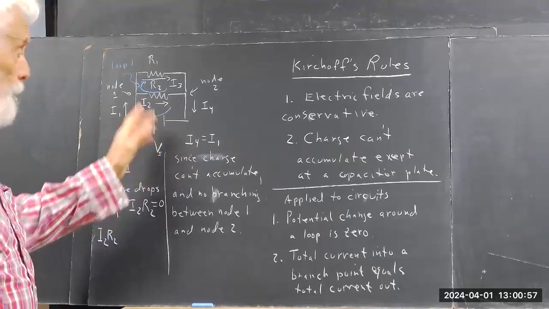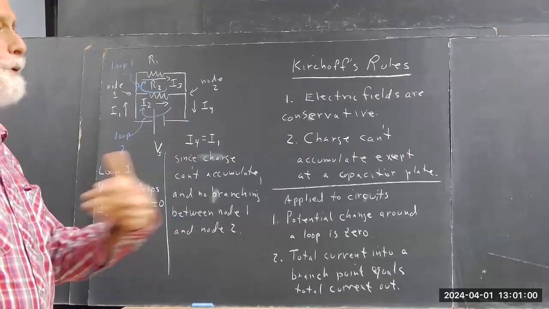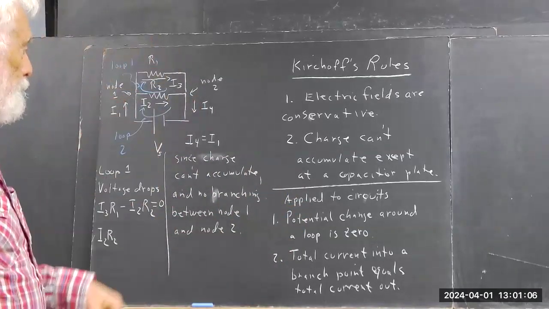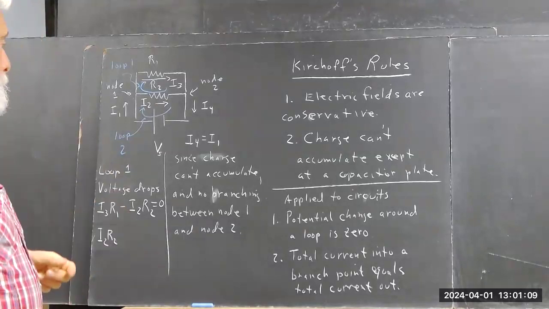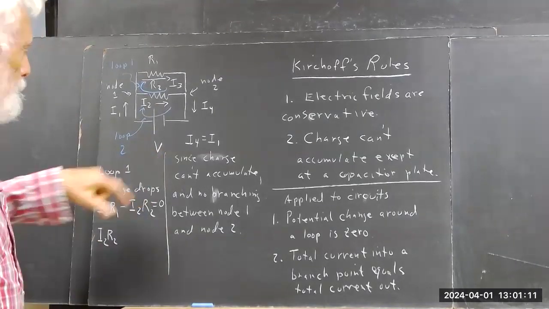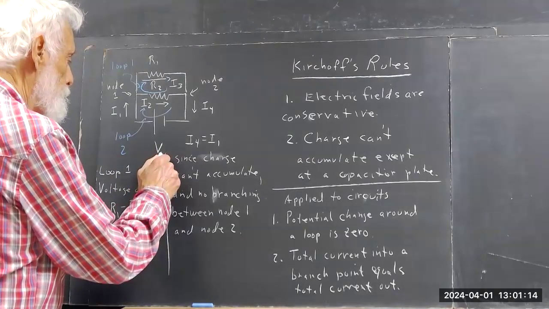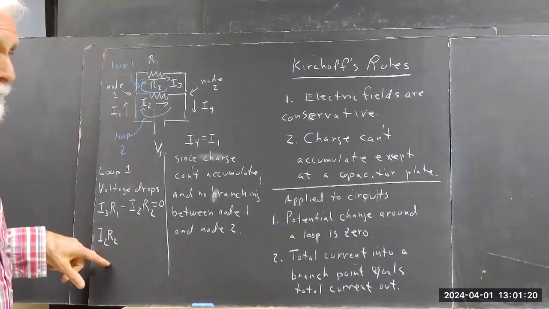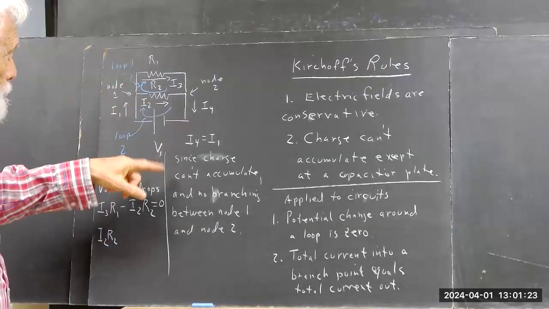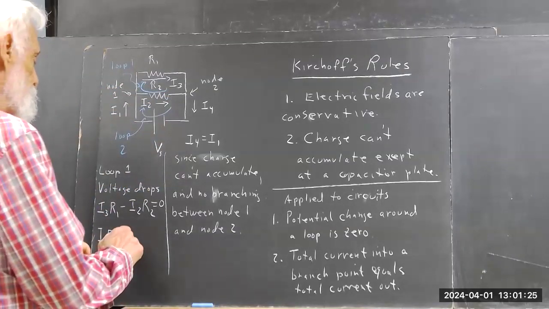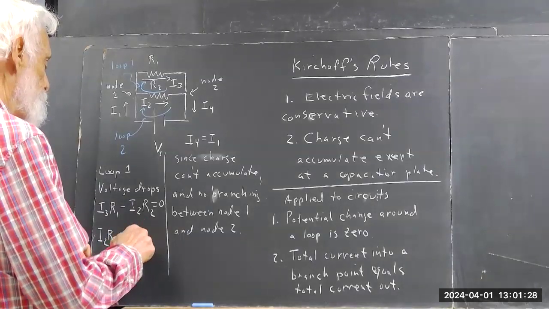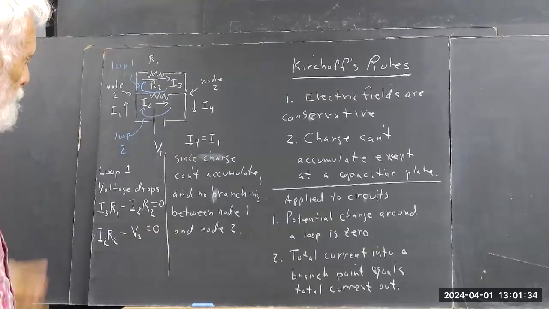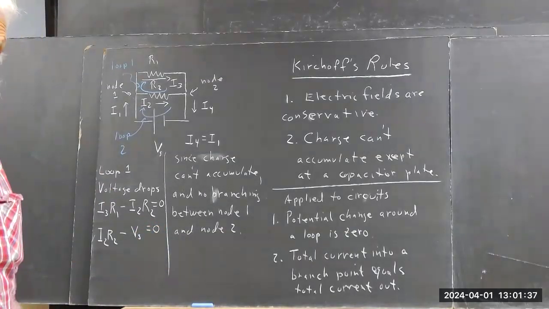Remember, the short line is negative, and the positive side pushes the current in the direction of flow of positive charge, even though the charges are actually going the other way. So you have I2R2, and your voltage drop across the source is negative V sub S, and the total voltage drop is 0.